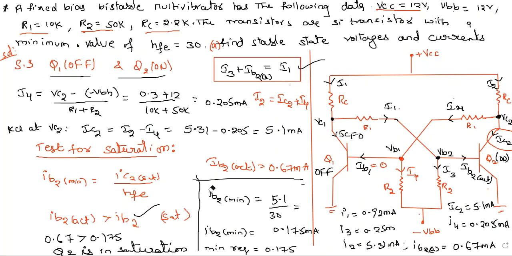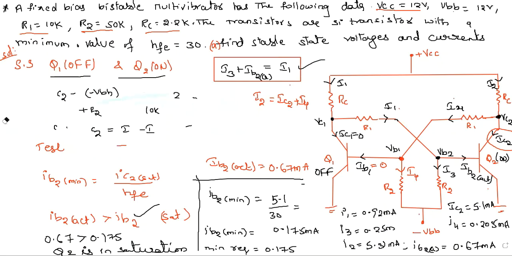Now the remaining things left: we need to calculate what is this Vc1 and what is this Vb1. Now I need to calculate whether Q1 is in cutoff state or not, so I need to get the value of Vb1. We shall see how we are going to calculate those two values.